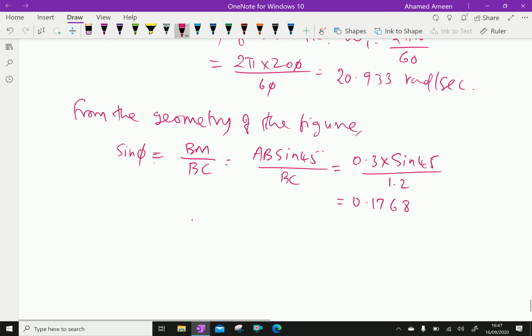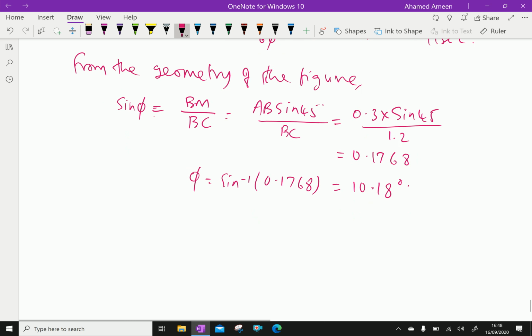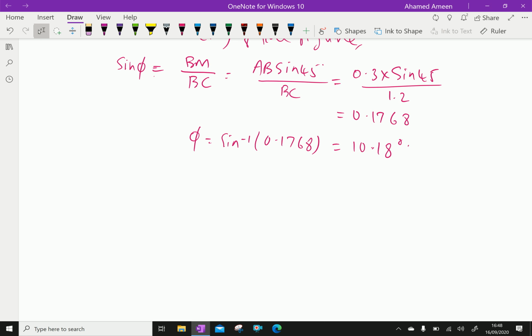Therefore, angle phi equal sine inverse 0.1768, equal 10.18 degrees.